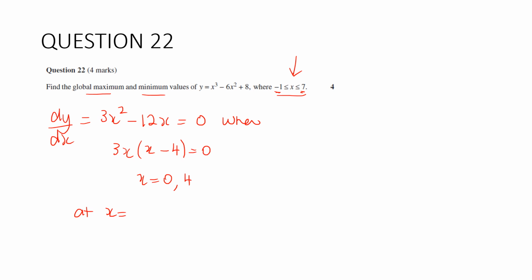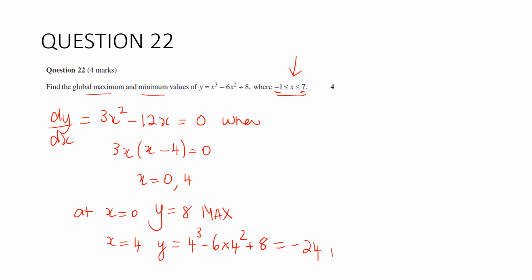At x equals 0, what are the y values? y is equal to 8, and at x equals 4, y is equal to, wow, 4 cubed minus 6 times 4 squared plus 8, equals 4 cubed minus 6 times 16 plus 8, -24. All right, so potentially this is the max and this is the min, but we do need to check.